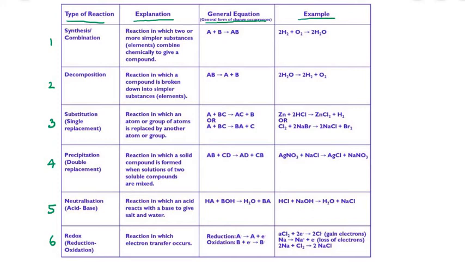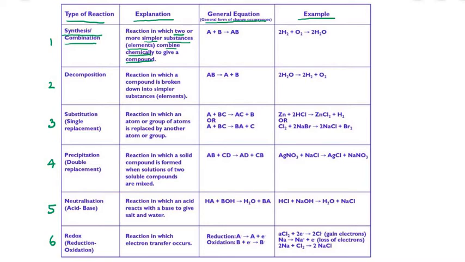The first one is called synthesis reaction, or it is also called a combination reaction, right? If you see the explanation, a reaction in which two or more simpler substances, which are nothing but elements, combine chemically, not physically, one has to understand, to give a compound, is called combination reaction.